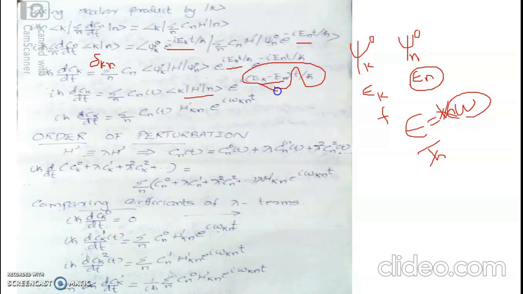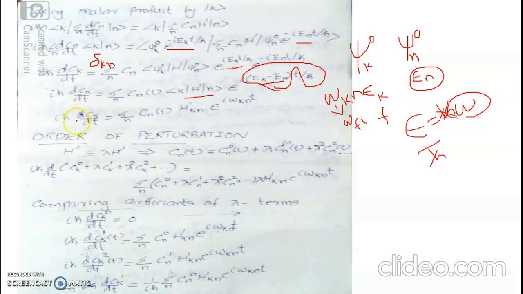Ek minus En divided by h cross can be taken as the angular frequency corresponding to the transition from the nth quantum state to the kth quantum state, omega kn, or can be represented as omega final initial, because k is a representative for the final quantum state occupied by the system following this interaction, and n is a representative of the initial quantum state occupied by the atom, or the system, which is the unperturbed system before the interaction.